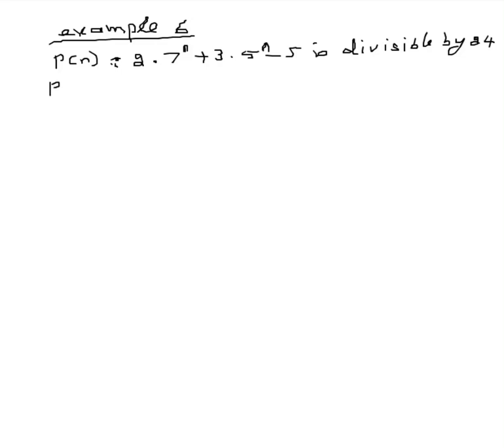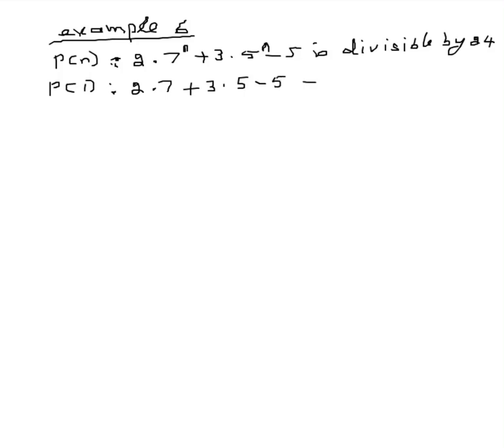Example 6. Prove that 2 into 7^n plus 3 into 5^n minus 5 is divisible by 24. So the P(1) statement is 2 into 7^1 plus 3 into 5^1 minus 5.